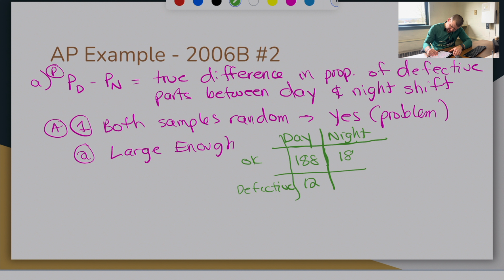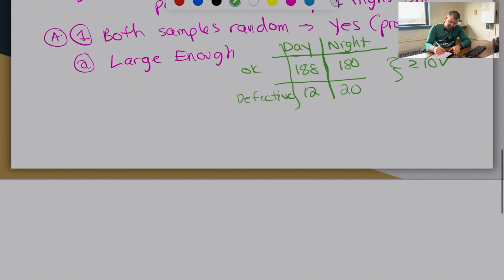And then for the night shift, it was 180, so this is 20. All these are greater than or equal to 10, so I can move on. My numbers is an optional step here, so I'm going to jump straight to the interval, which is a two proportion Z interval.